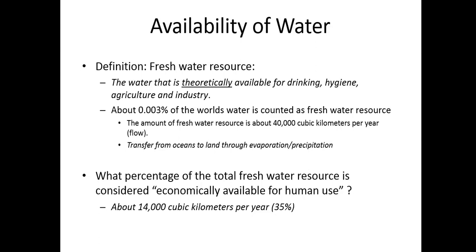So only about a third of it is effectively available for us to use. That's what it means by economically, right? Although we might be able to build more reservoirs and do other ways of capturing it, only about a third of this 40,000 cubic kilometers is really available for us to use, right?